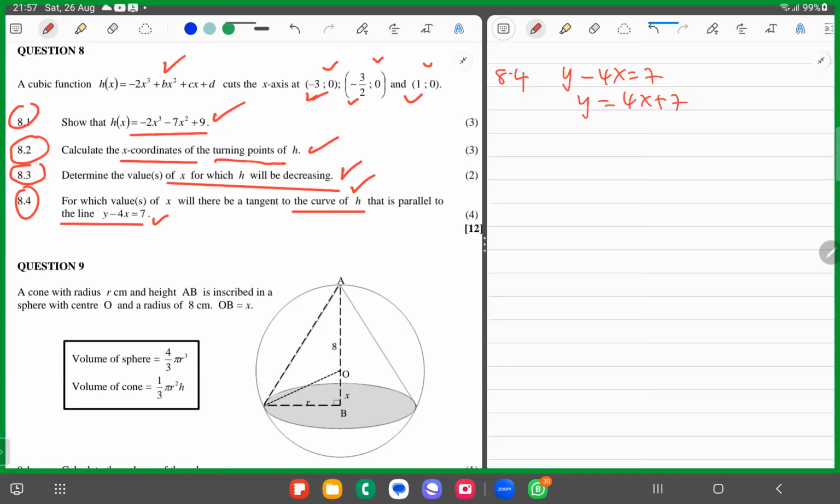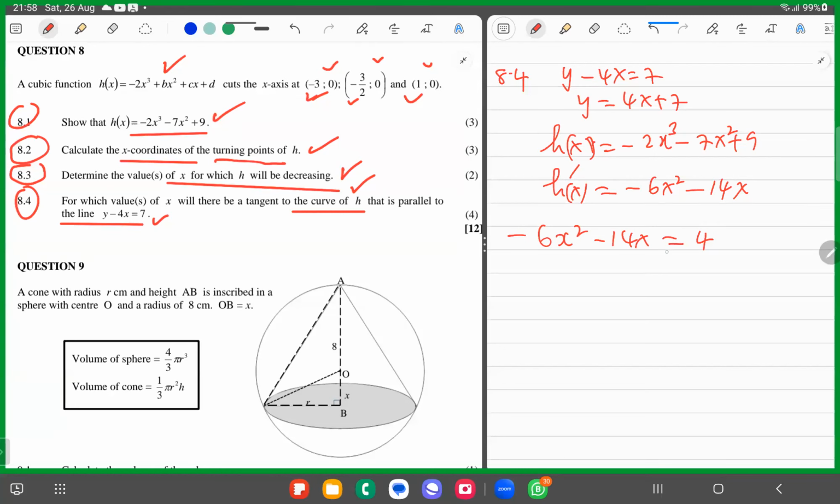Now, you have this h, where h of x is minus 2x cubed. You take the derivative of this, the first derivative for the gradient. So it's minus 6x squared minus 14x. Therefore you're saying minus 6x squared minus 14x is equal to 4.